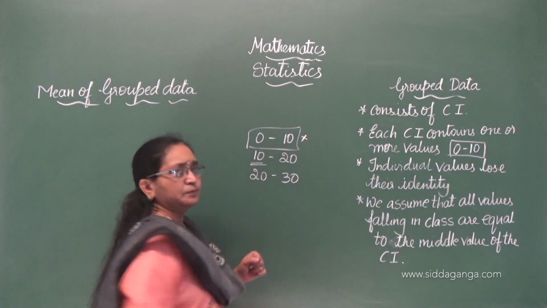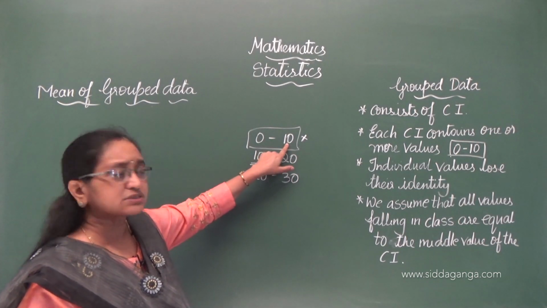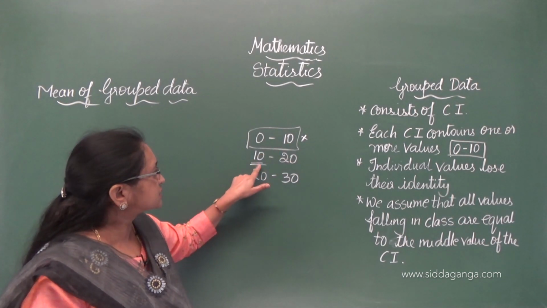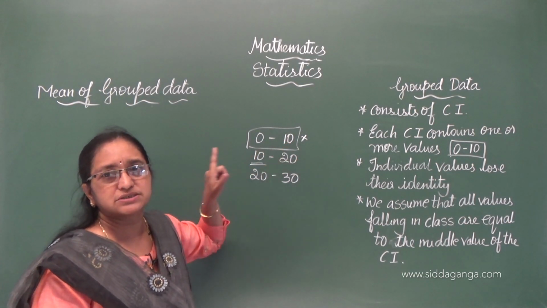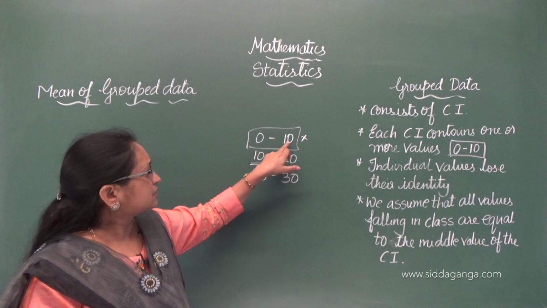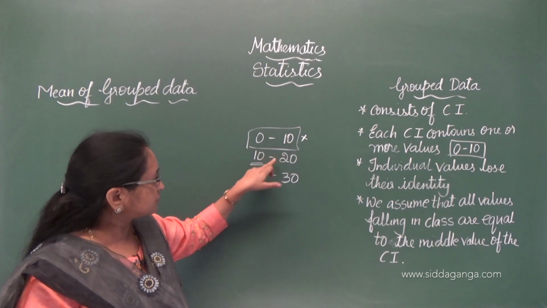If the student has scored 10 marks, he will come under that group and not this group. Understood? That upper limit you should consider. If it is the same marks as the upper limit, then it will come under the next one.